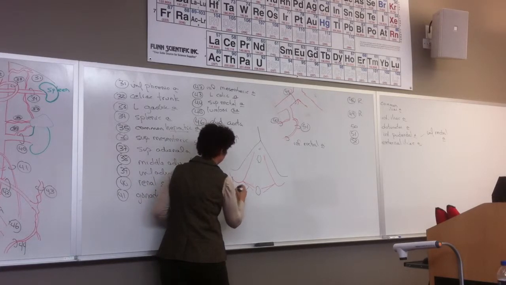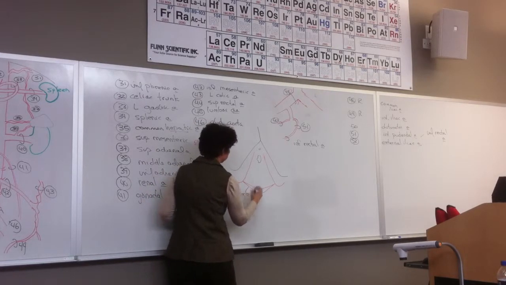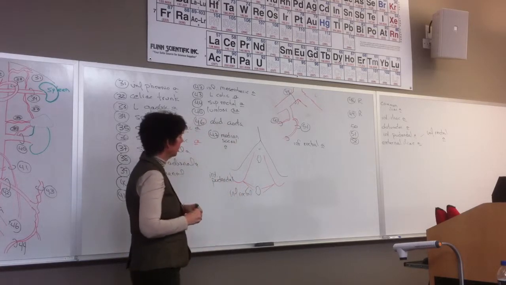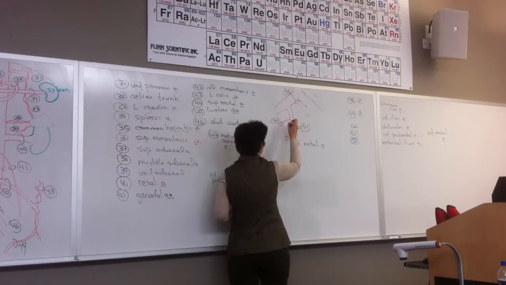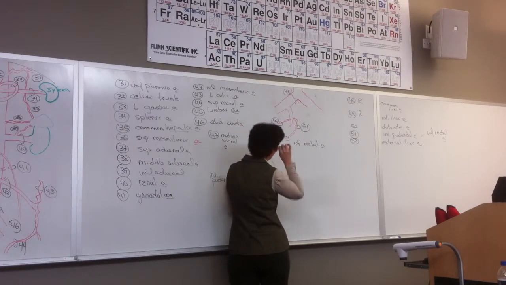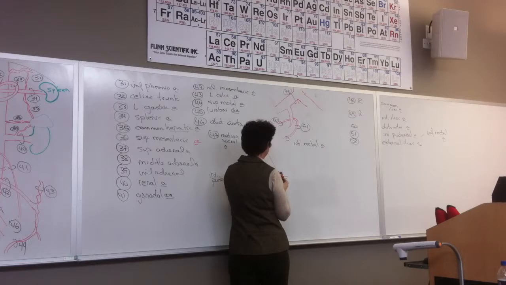These would be inferior rectal. And then we would have other branches coming off, which are the middle rectal.